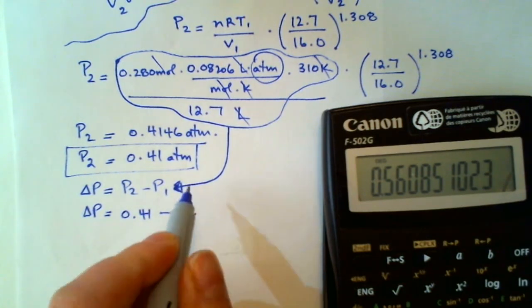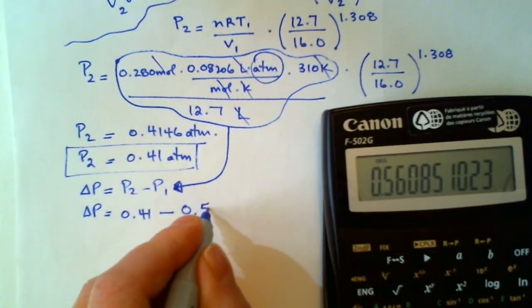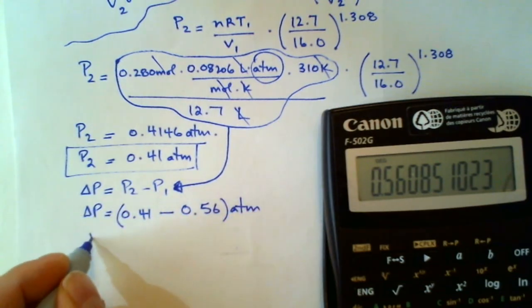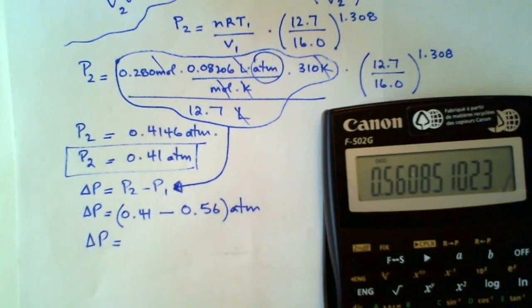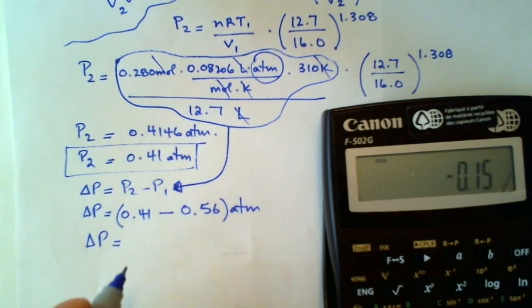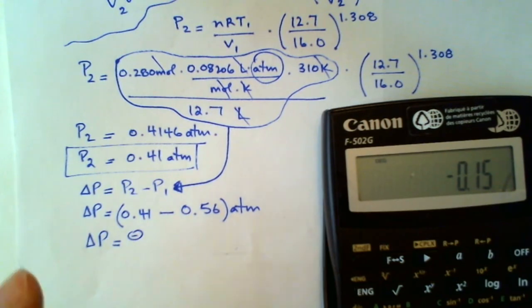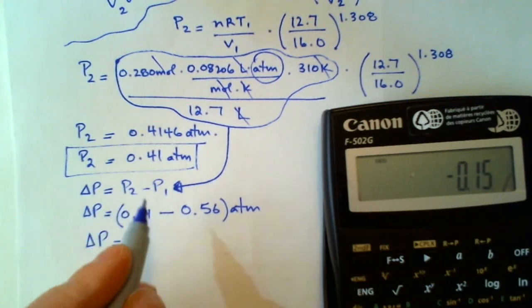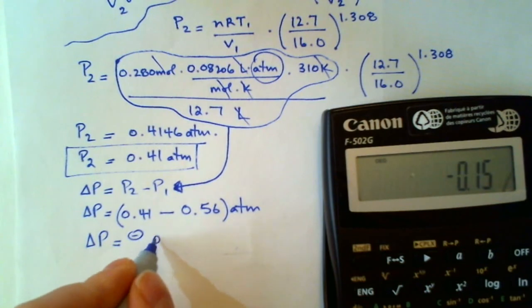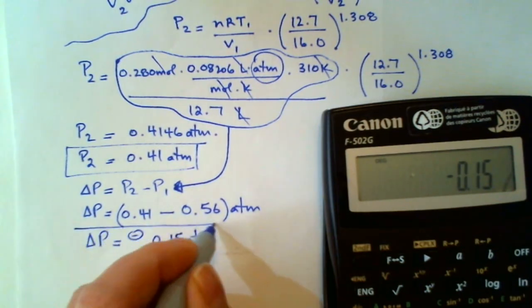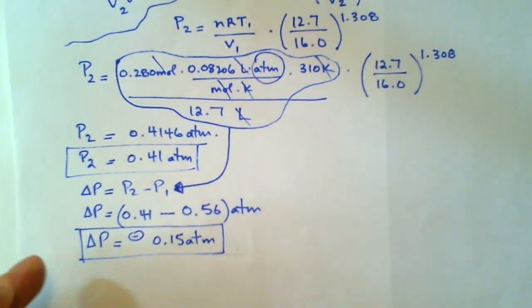P1, 0.56. That's all atmospheres. And so delta P is equal to, oh, I don't even know why I'm using the calculator. There was a pressure drop, so we did expect it to be negative. That's great. 0.15. Okay. I think we're actually done.